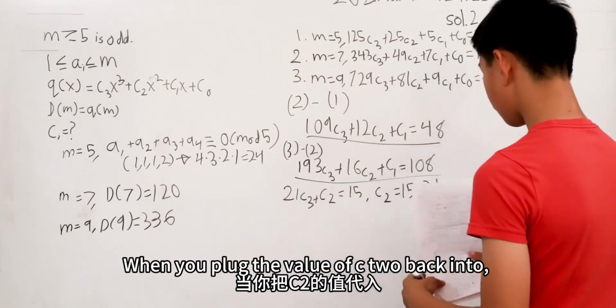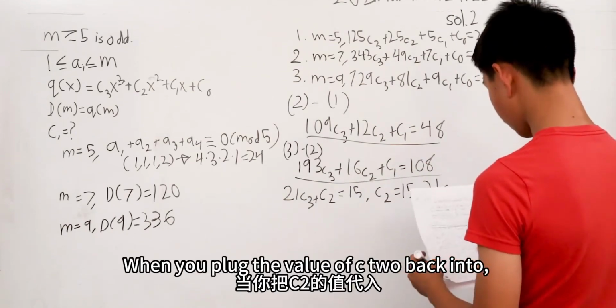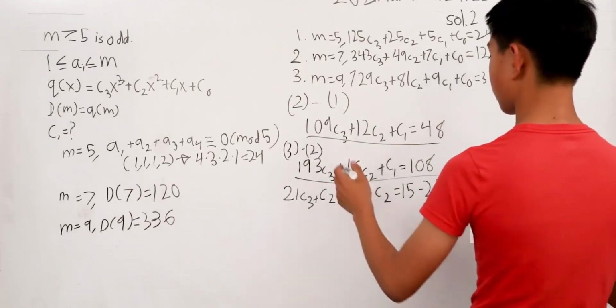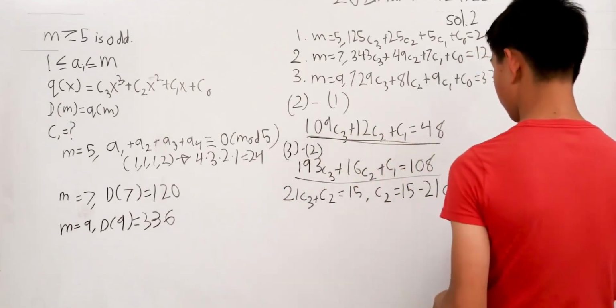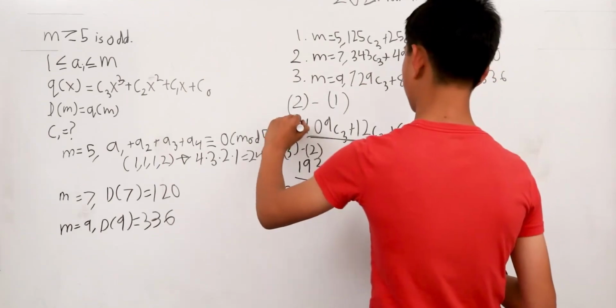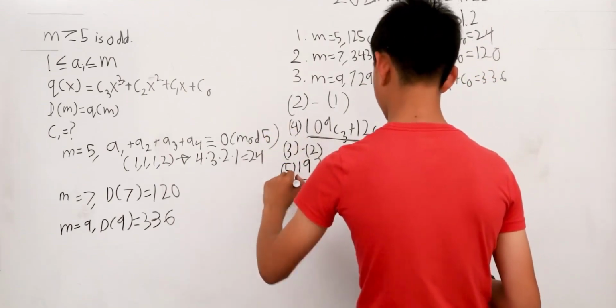So, when you plug the value of C2 back into, let's say, this equation, well, what do we get? Let's just call this one 4 and this one 5.